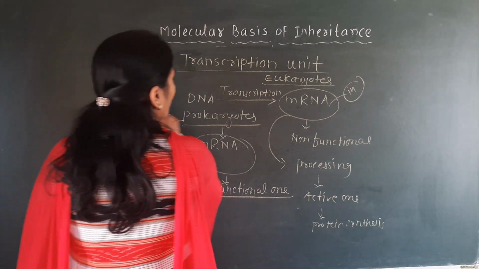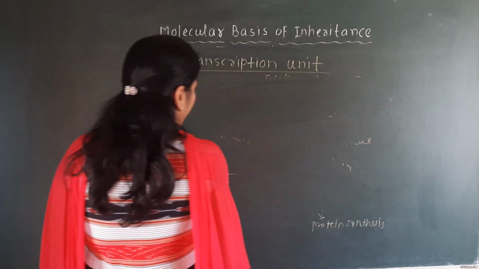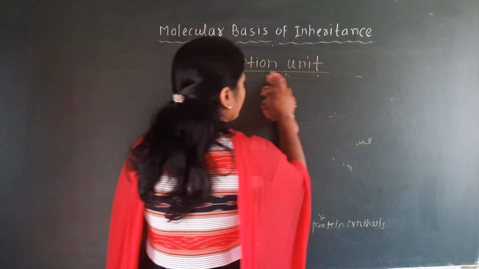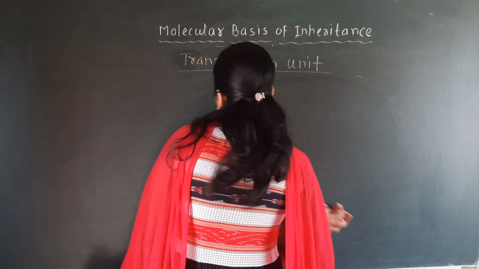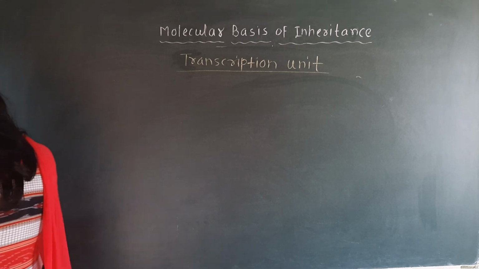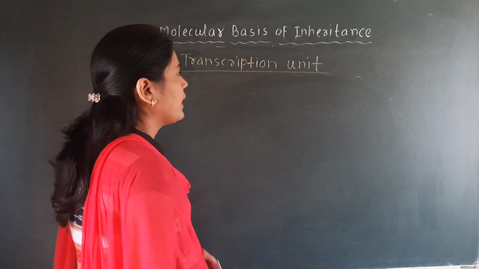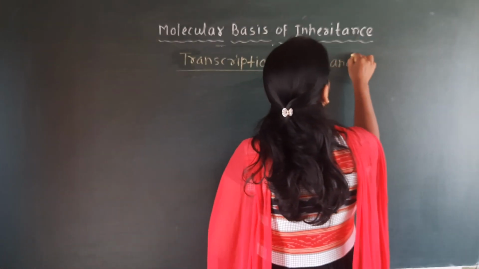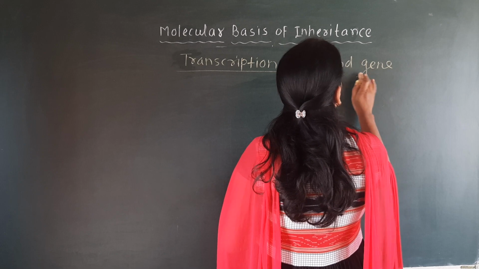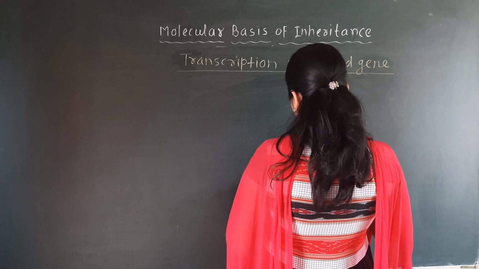In this third part, the transcription unit and gene, we have to discuss what is meant by cistron, what is meant by gene, and what is meant by monocistronic and polycistronic structure. So the next point is transcription unit and gene.